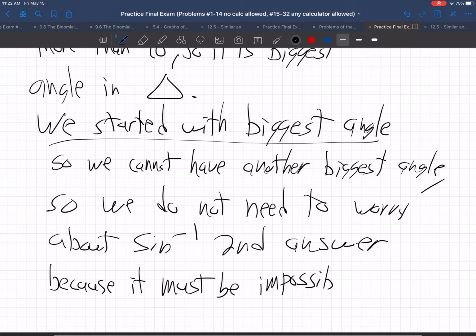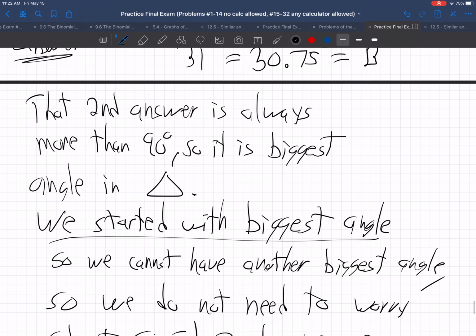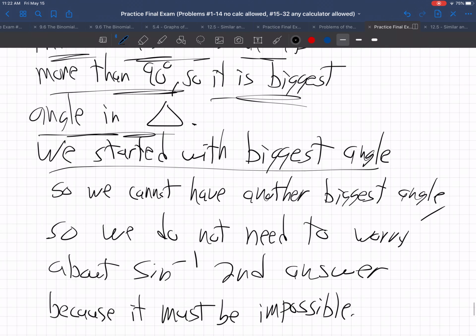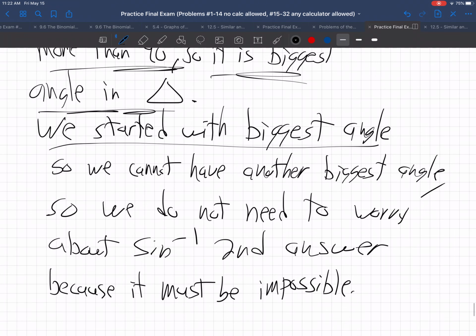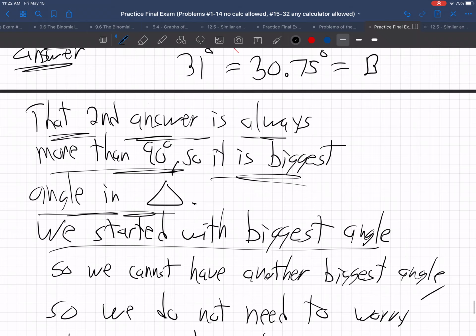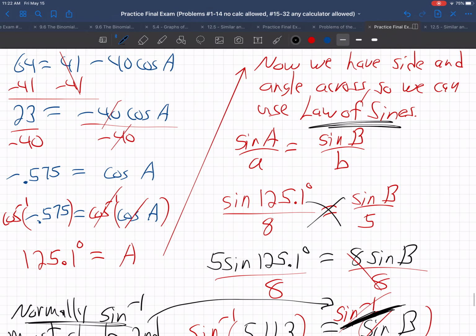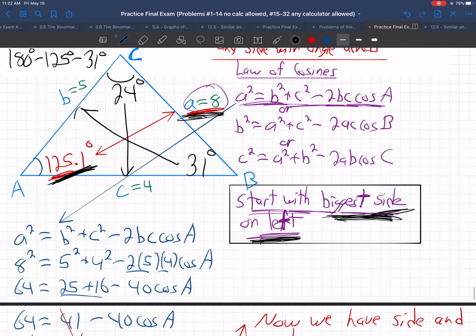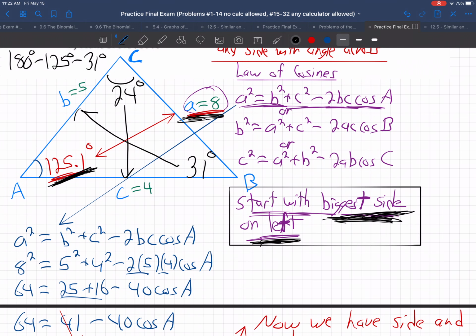Why is that? Because as I told you, that second answer is always more than 90, so it's the biggest angle in the triangle, and we've already got the biggest angle because we started with it. So you don't even have to worry about a second angle answer. It's impossible. That's why I'm telling you, always start with the biggest side when you do law of cosines and you've got all three sides.